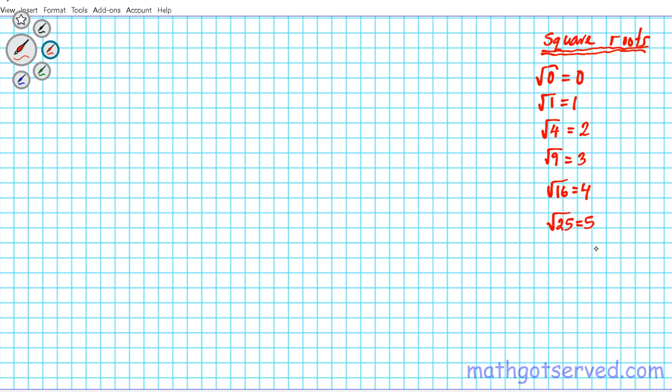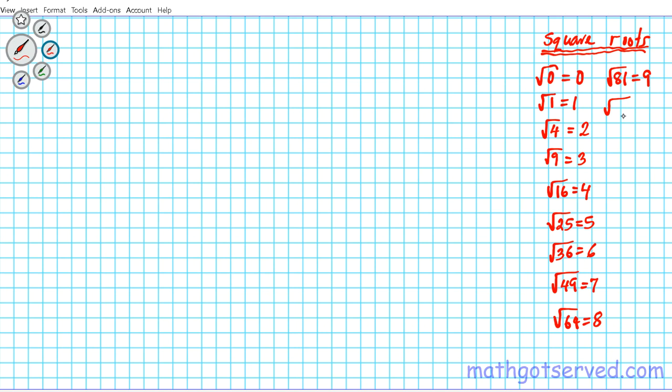Hopefully you see the connection. The square root is the opposite of the square, so we're going backwards. Square root of 36 is 6. The square root of 49 is 7. Square root of 64 is 8. So the goal is to have all of these mastered, so that it's easy for you to factor. Square root of 81 is 9.